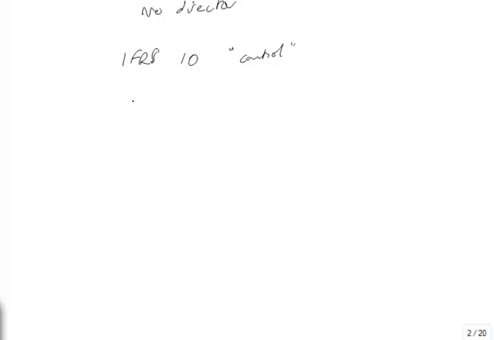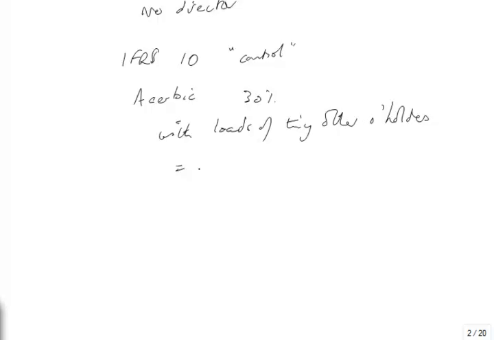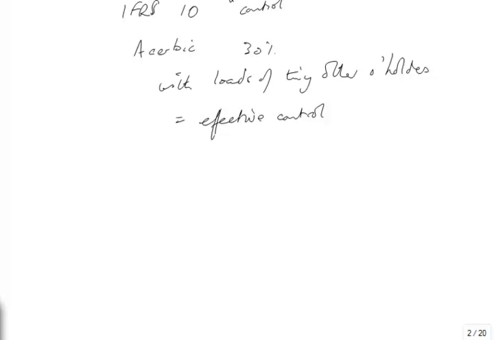And in this particular case, the Acerbic situation, I'm suggesting to you that under IFRS 10, 30% with loads of tiny other shareholders is effective control. And therefore, with effect from IFRS 10, we should have been or should be consolidating. But that's with effect from IFRS 10, and it's way after the June 2008 exam.